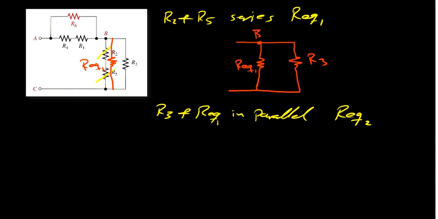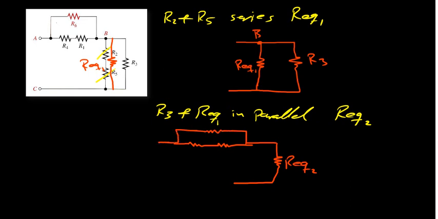Now, if I want to draw my circuit, it will be like this now. So I will have one resistor here, it's the R equivalent 2, and I will have here R4, R1, and R6.